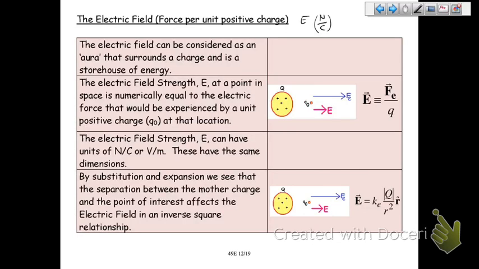So it's tempting to define the electric field by that picture. You have a mother charge and around it is space, and you point to a point in space and you say, well, a 3 coulomb charge here would feel 6 newtons.